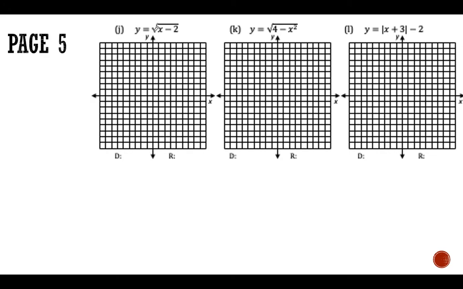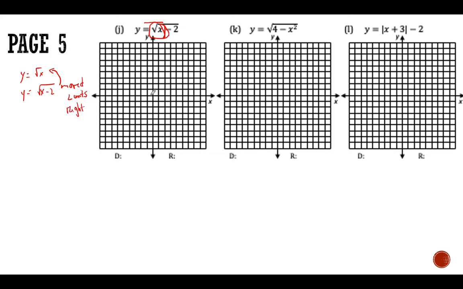I wanted you to think of, if you think about just the square root of x and what that graph looks like, this is the square root of x, and the square root of x minus 2 is this same graph moved 2 units to the right.